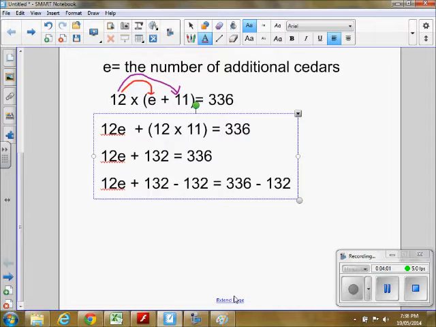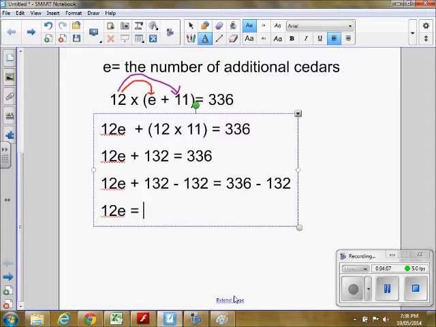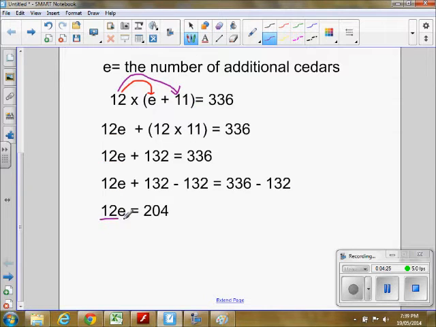So now we have 12E is equal to 204. Next to do is to divide by 12 on both sides.